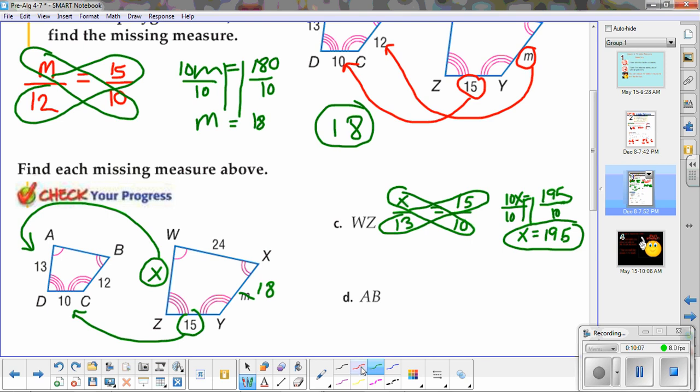And now for AB. AB is this one right here. I'm going to call that Y. Y matches up with this side right here. So I'm going to say Y over 24 equals, pick another side. I really like this one here, so I'm going to go with 10 matches up with 15.